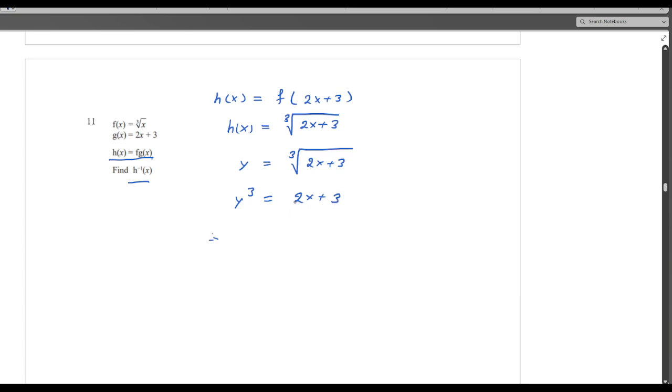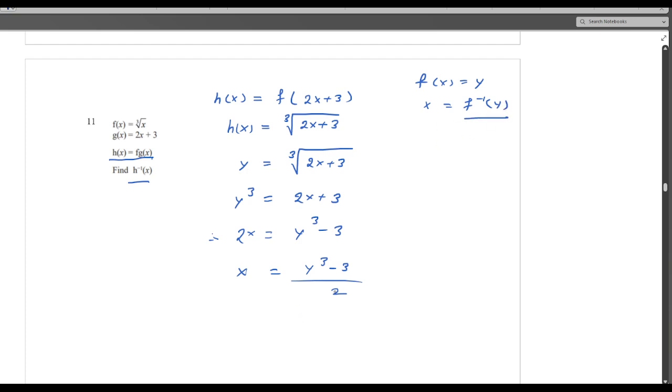And therefore to find h inverse, there are two approaches. One approach is to replace y with x and then find out what y is, or simply here I will figure out what x is. So 2x is equal to y cube minus 3, and therefore x is y cube minus 3 divided by 2. If f of x is y, then x is f inverse of y.